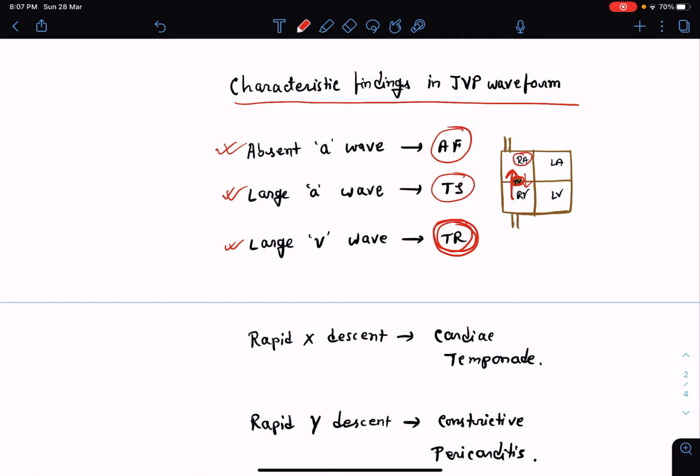So that means there is much more blood in the right atria. The right atria has to accommodate a large amount of blood, and that's why there is increase in pressure, which results in a large V wave. Very interesting, isn't it?